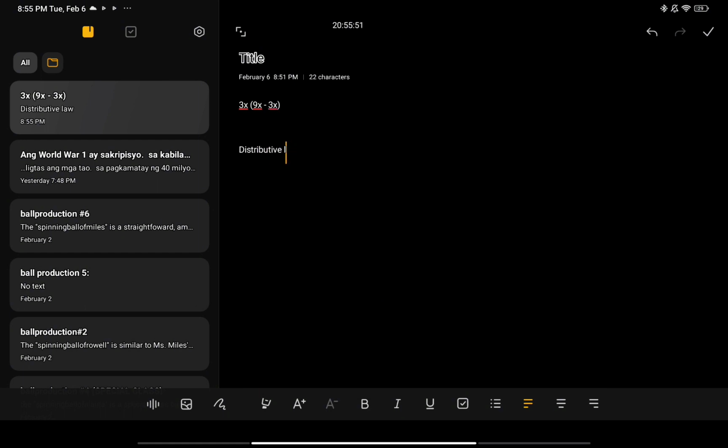How to do the distributive law is you multiply the outer number with the numbers in the parentheses. Don't do anything with the parentheses. Only this number gets multiplied by these numbers, 9 and 3. So 3 times 9x is equal to 27x.